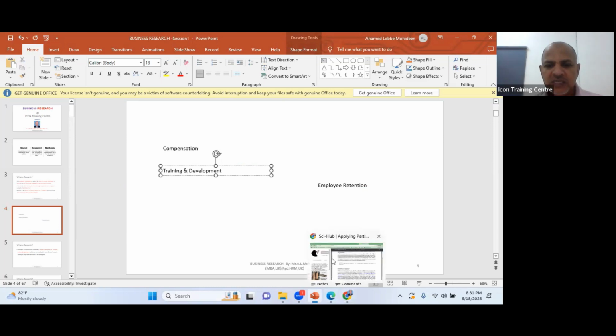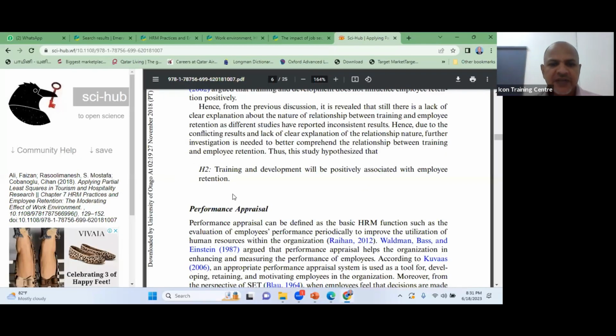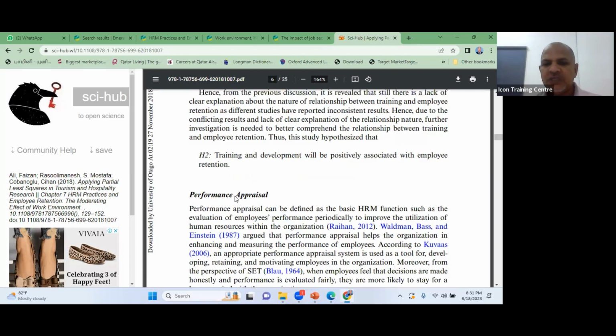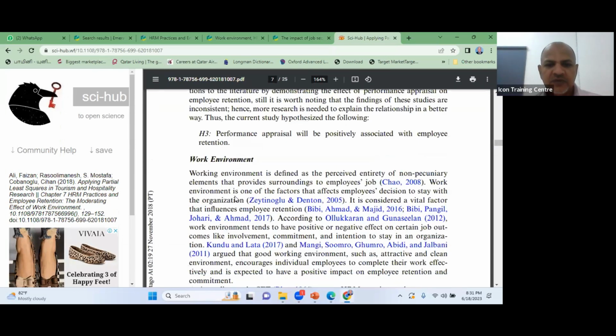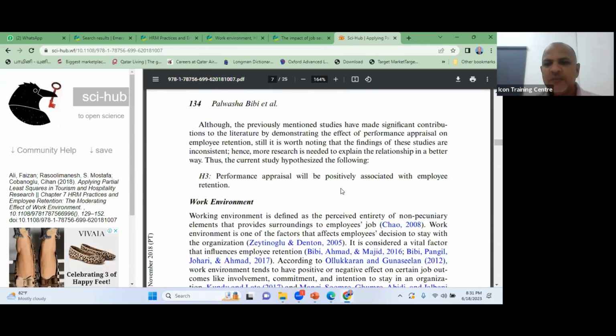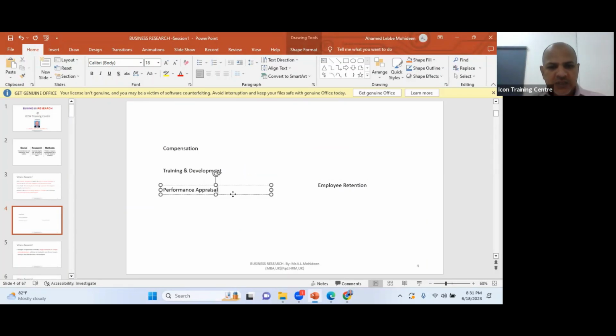Now we will go and see this article, the third variable. So it's H2, hypothesis 2, and performance appraisal, I think the third one. So work environment. Performance appraisal will be positively associated with employee retention. So this is the third one. So you understand? So these are the variables, two types of variables we have defined.